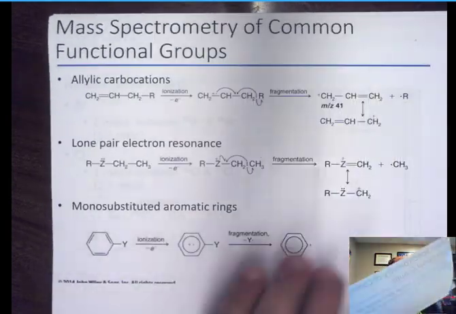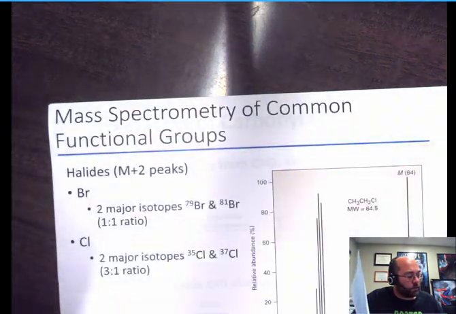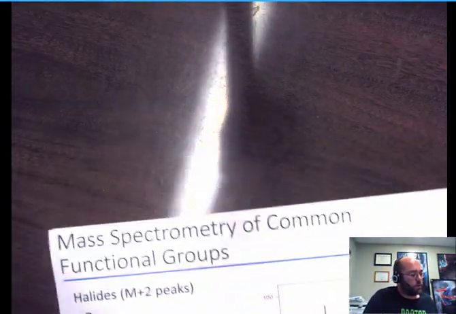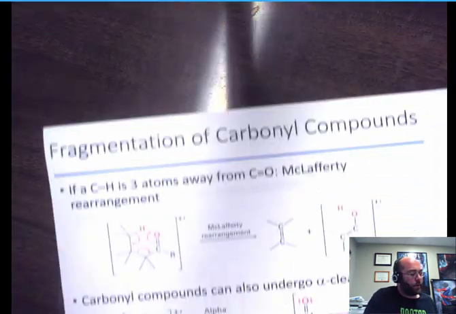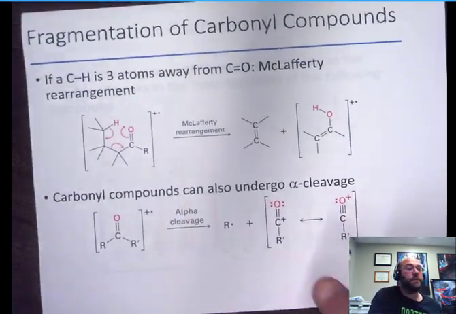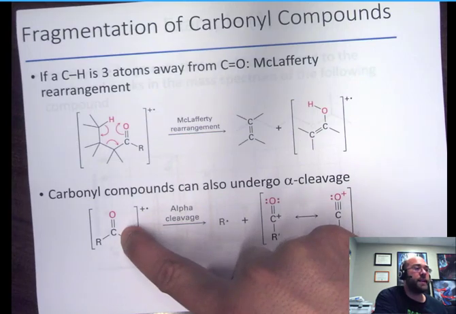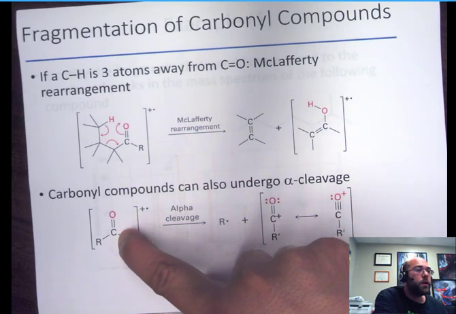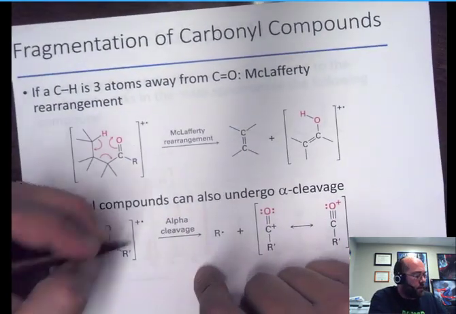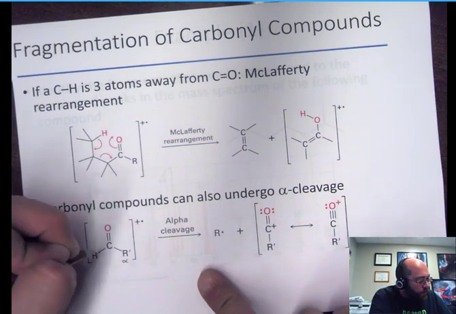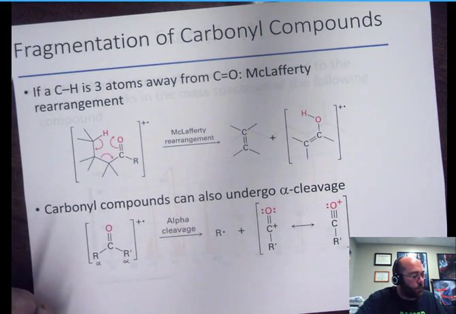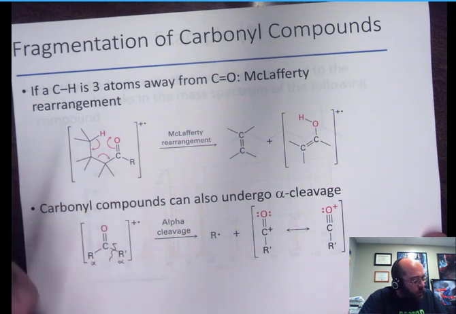Now, as I said before, carbonyls can also experience that alpha cleavage. In this case, the carbonyl carbon is ground zero. So this is zero, and these would be the alpha carbon positions. And that's why you see this being cut off.